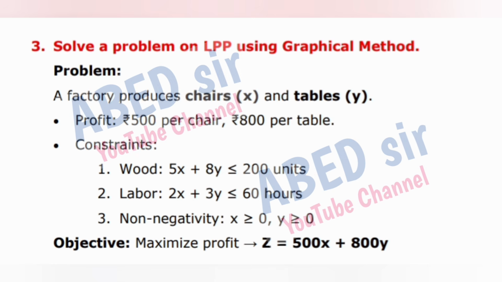Wood: 5x + 8y ≤ 200 units. 2. Labor: 2x + 3y ≤ 60 hours. 3. Non-negativity: x ≥ 0, y ≥ 0. Objective: maximize profit Z = 500x + 800y.